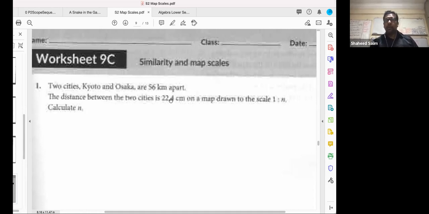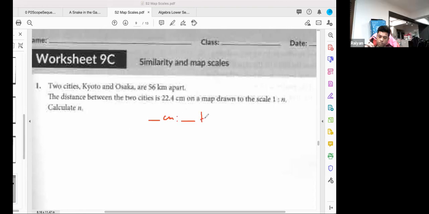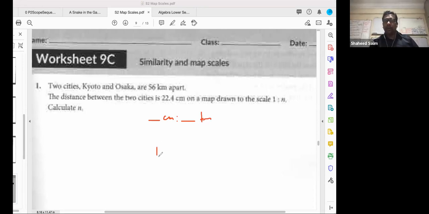If you're not sure, you write this as a ratio. If you're not sure, you write, fill in the blanks now, like that. In your book, you fill in the blank. Must make it the same. Then after that, you must make it 1 cm to how many cm. So now the next step, you change this to cm lah.